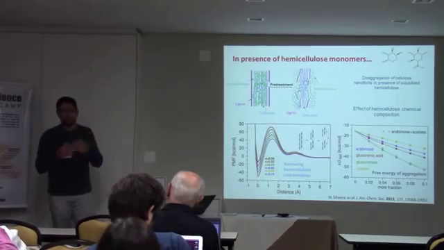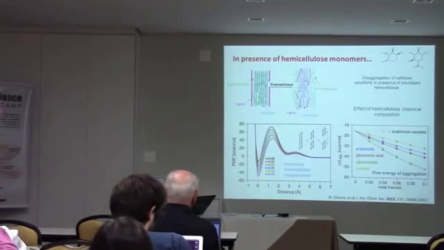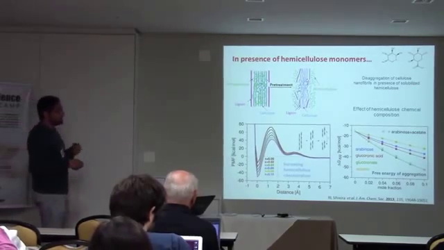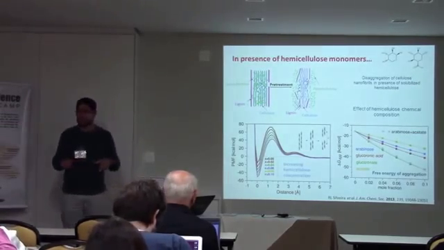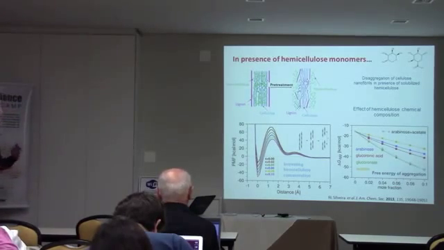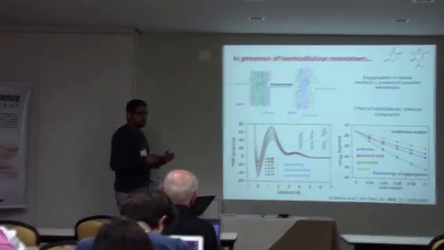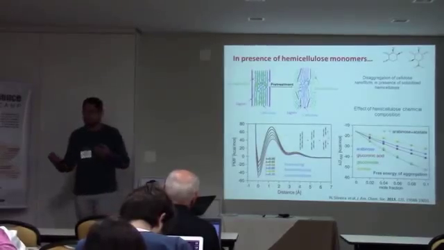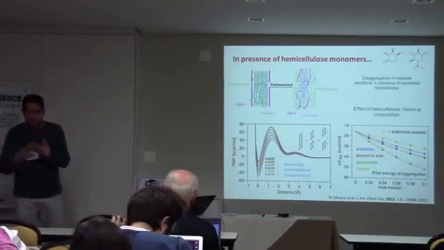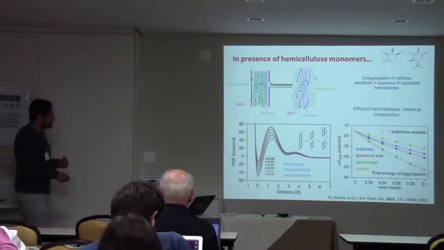Otherwise, the cellulose would be apart from each other. And when you add monomers in the solution, water, instead of solvating the cellulose, will interact with the monomers of hemicellulose. Then the water will be less available to solvate the cellulose, and so the cellulose aggregates. So as we increase the concentration, we have this behavior.